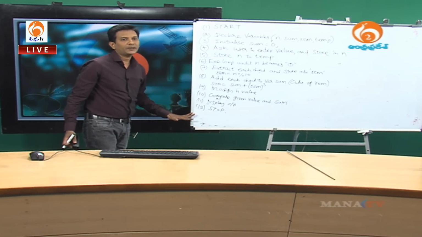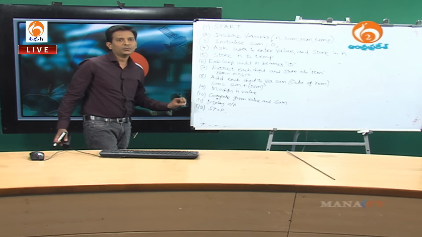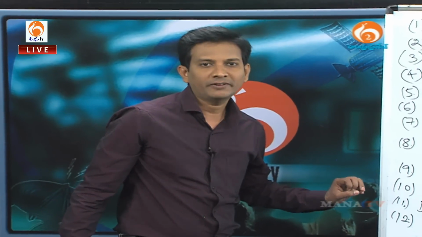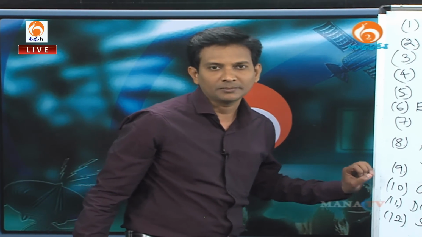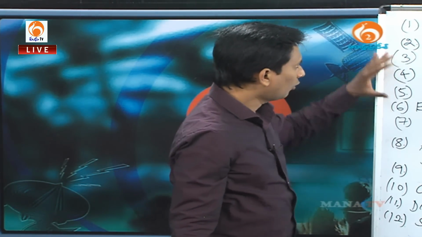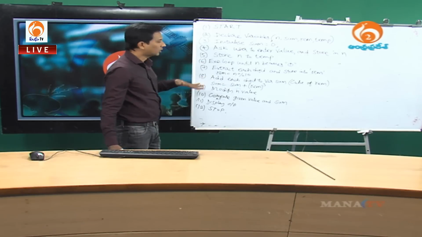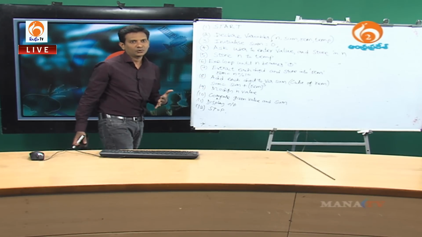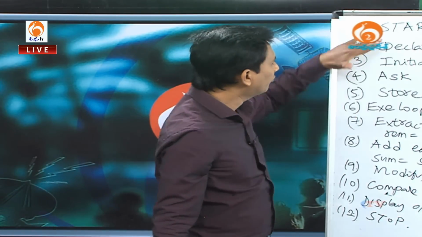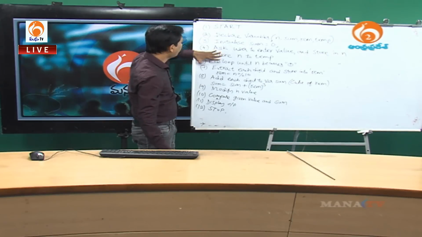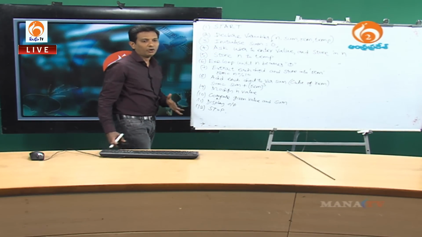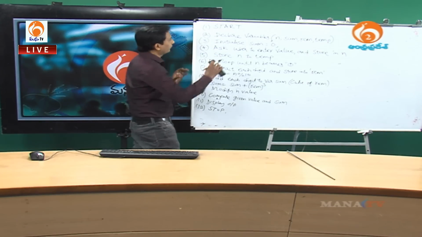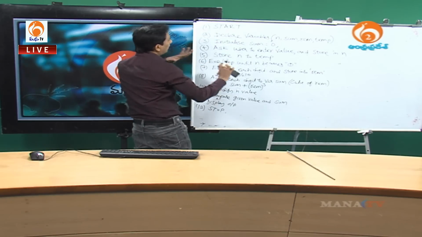Armstrong number means the sum of the cubes must be equal to the given number. Now I am going to convert each step into a C valid statement. How will it be converted? Start: declare variables.